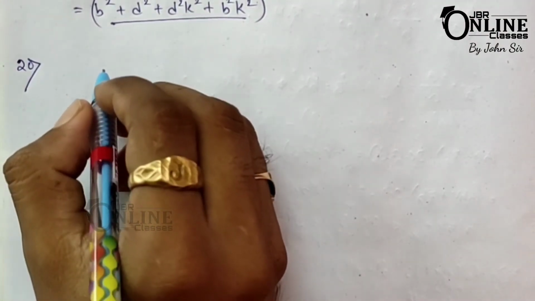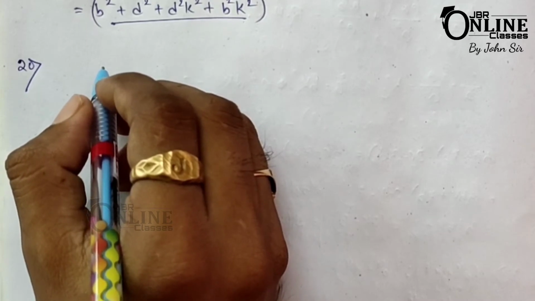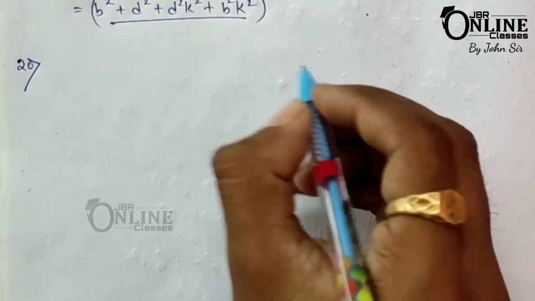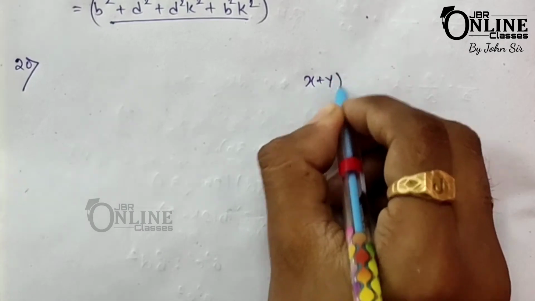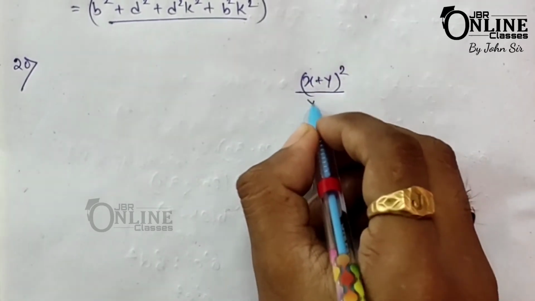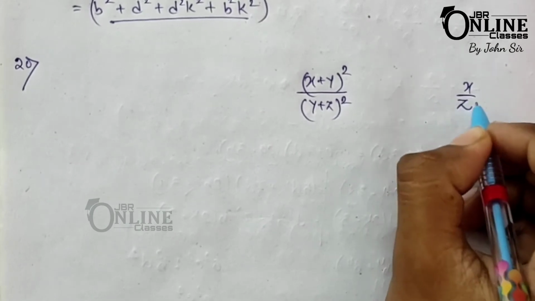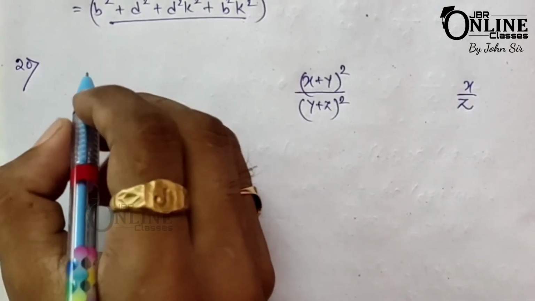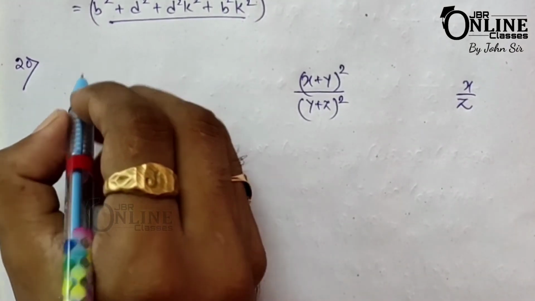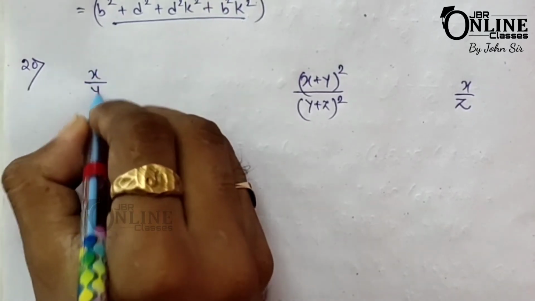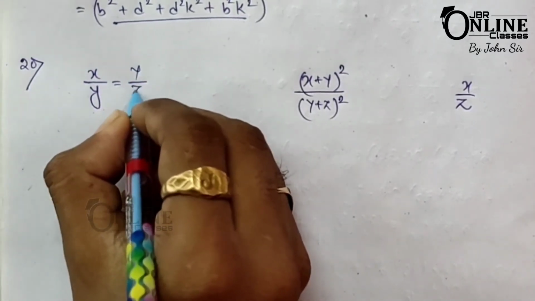In sum number 20, if x, y, z are in continued proportion, then you have to prove that (x plus y) whole square divided by (y plus z) whole square equals x by z. So first, if x, y, z are in continued proportion, that means you can write x by y equal to y by z.